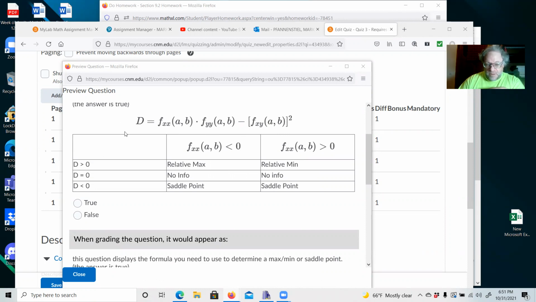Depending on what this value is, the a and the b matter because there's a certain value that you're going to have to plug in. Sometimes if it's a constant, the a and b is irrelevant because it's that number for every a and b. For example, if I get fxx, fyy minus this thing here, and they all happen to be quadratics, by the time you take the second derivative they're just constants.